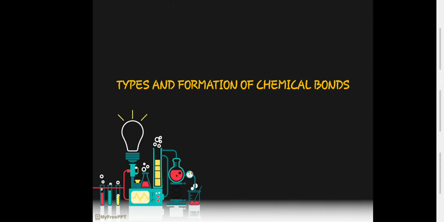Okay, next slide. Let's go now to defining the types of chemical bonds. So, what are those types? That is actually when you share an element, anong tawag dyan? When you accept an electron, anong tawag dyan?